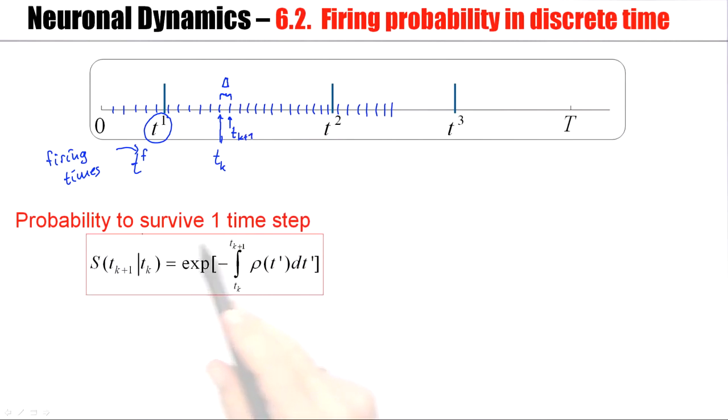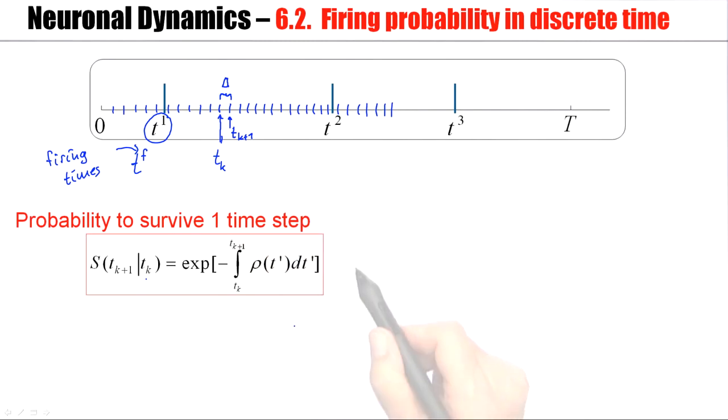So the probability to survive for one time step is, now starting at tk, this is not necessarily the reset, this is not necessarily a firing time, this is my time bin, the start of my time bin, up to the next time bin. What's the probability to survive for this time delta, for one time step? Well, just as before, it's just the exponential, we have to integrate this.